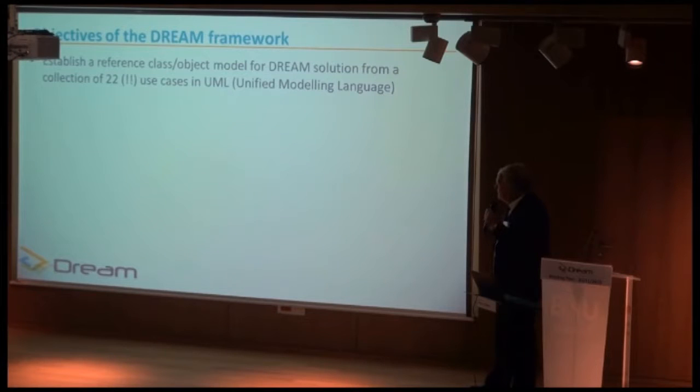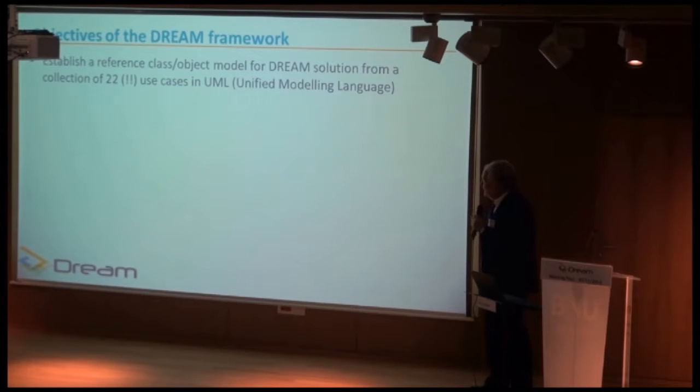First is the data and the classes. Secondly, the behavior, so what is the sequence of operations and the interaction between different objects in your system. And finally, the deployment is also very important. So you make diagrams in order to combine these 22 use cases.